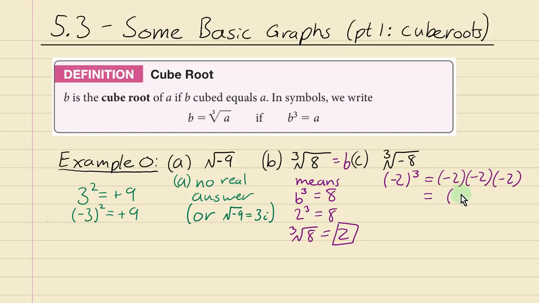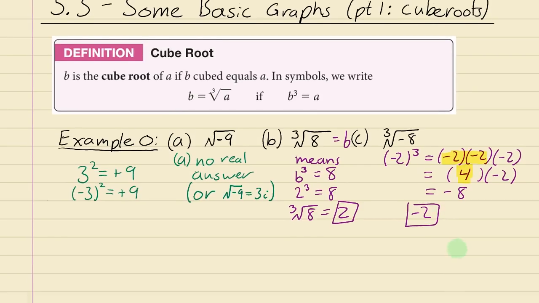That -2 times -2 gives you 4 here. So those 2 combine into 4. There's still this other -2, and then that gives you -8, because you now have a negative times a positive, and so the result is -2. Okay, so that is that. Just wanted to do a quick review of that.